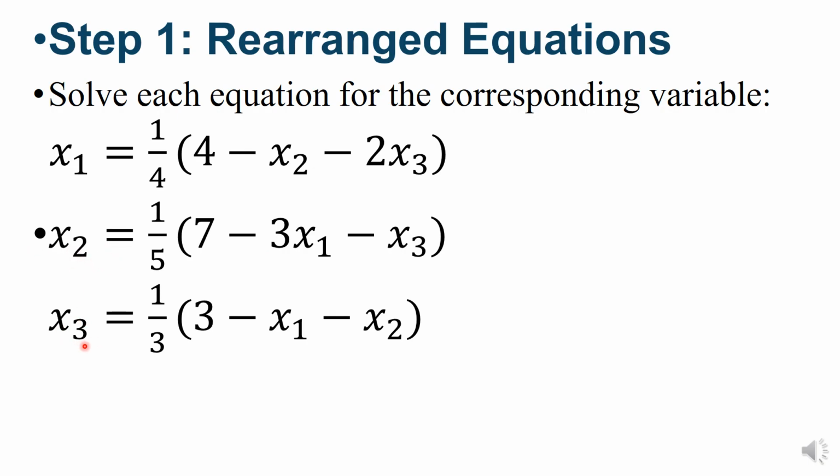In the third equation 3x3 is given, so everything is divided by 3. This is very important for the solution. In any iteration, you write and use x1, x2, x3 the same way.